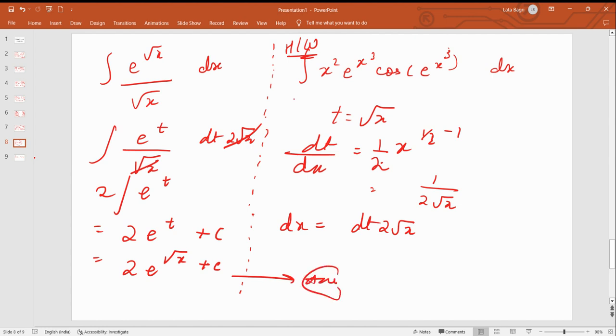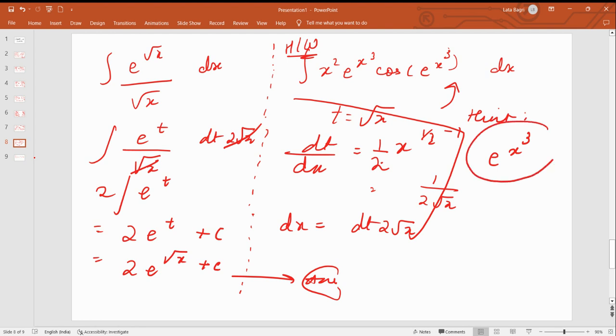And you're going to do the same thing here. But instead, I'll give you one hint. E to the power x to the power 3, replace this whole thing as t. Okay, and then solve it, so it will become very easy. Then what will happen is that if you differentiate, dt by dx will be e to the power x to the power 3 into differentiation of this, which will become 3x square.